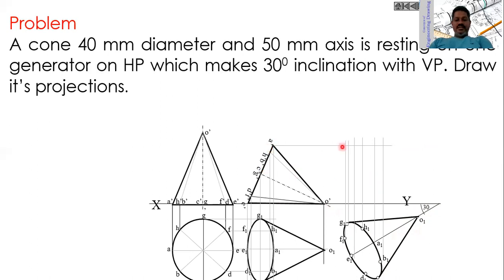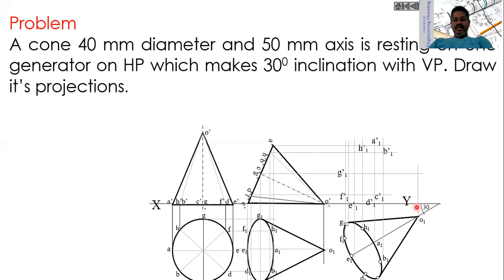Then from A and A1 we will get one point here. Then H1 and B1. So H1 and H, we will get one more point here. Then we will get all the intersection points, and similarly project O1 also and name all those points as A1 dash to H1 dash like this.